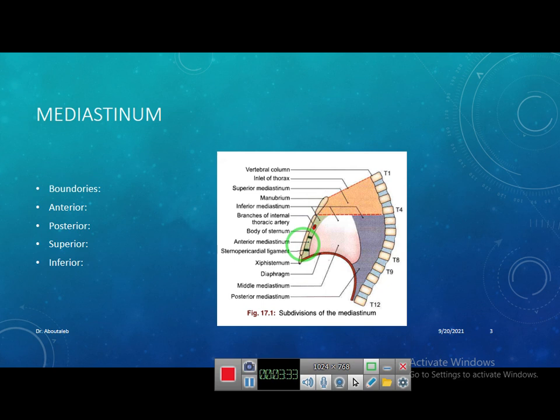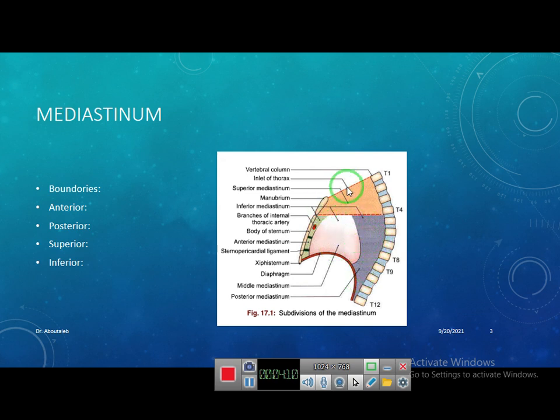So let's study more detail about the mediastinum. As I said before, for descriptive purposes, the mediastinum is divided into the superior mediastinum and inferior mediastinum. The inferior mediastinum is further divided into anterior in green color, middle in pink color, and posterior mediastinum.